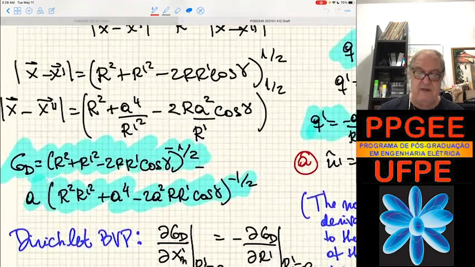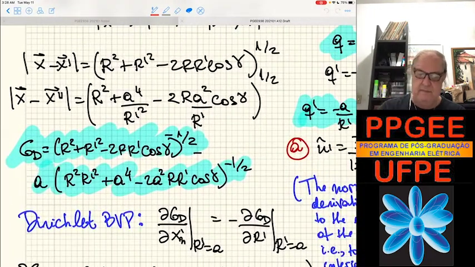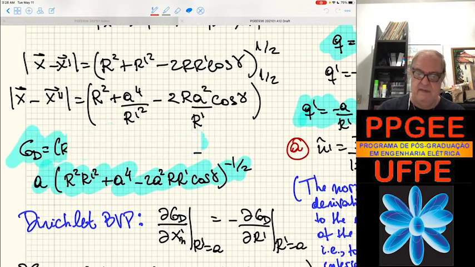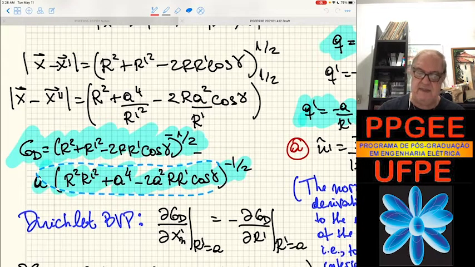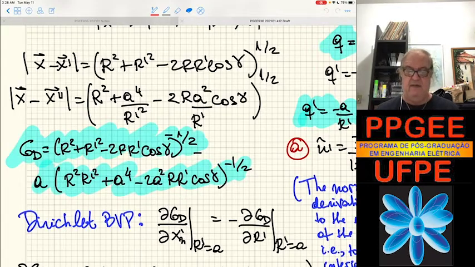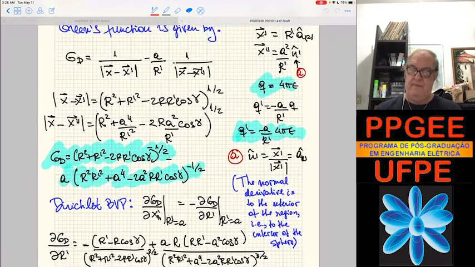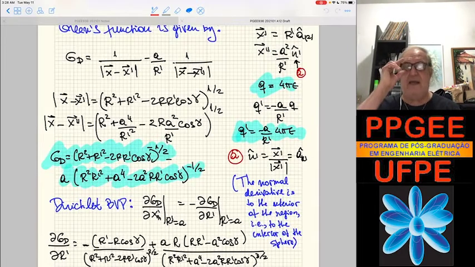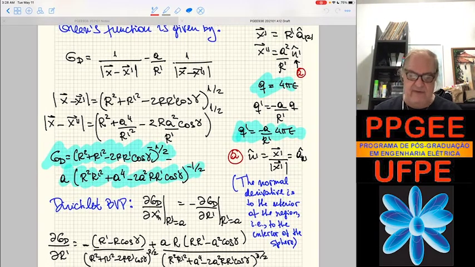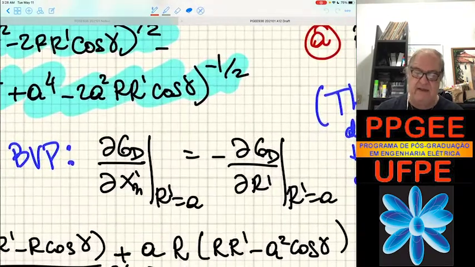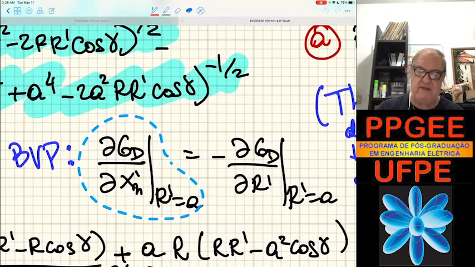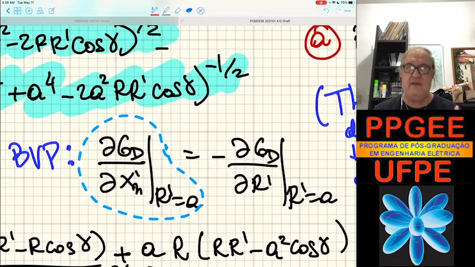So the Green function is going to be this to the minus 1/2 minus this to the minus 1/2. So we have the Green function, and also we need to calculate the normal derivative of the Green function outwards of the region of the domain on the sphere.